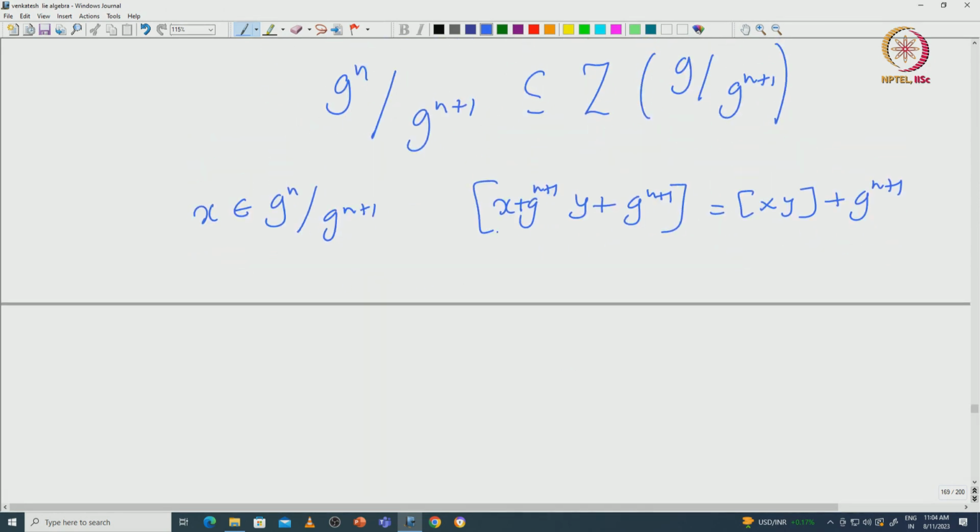Okay. So, we are computing the commutator of x plus g^(n+1) with y plus g^(n+1). That will be the bracket [x, y] plus g^(n+1).